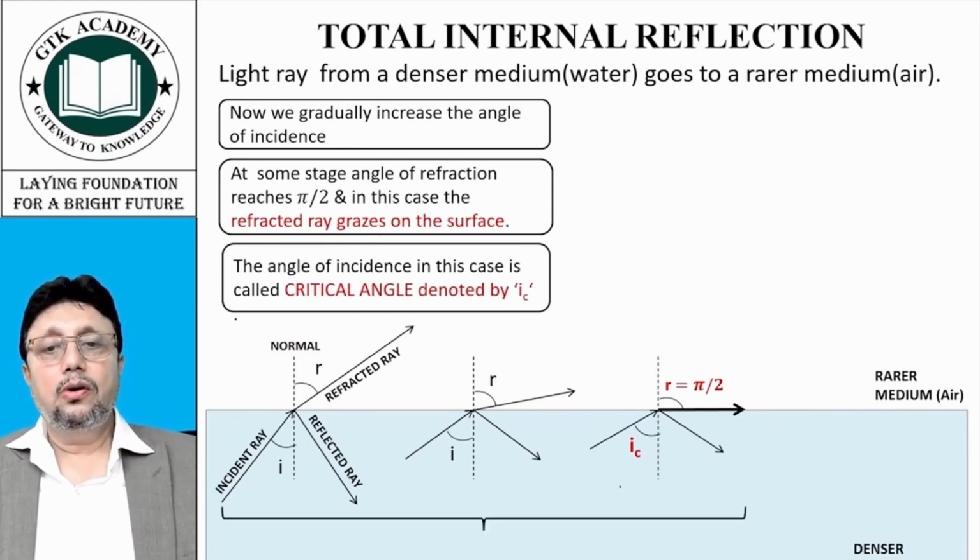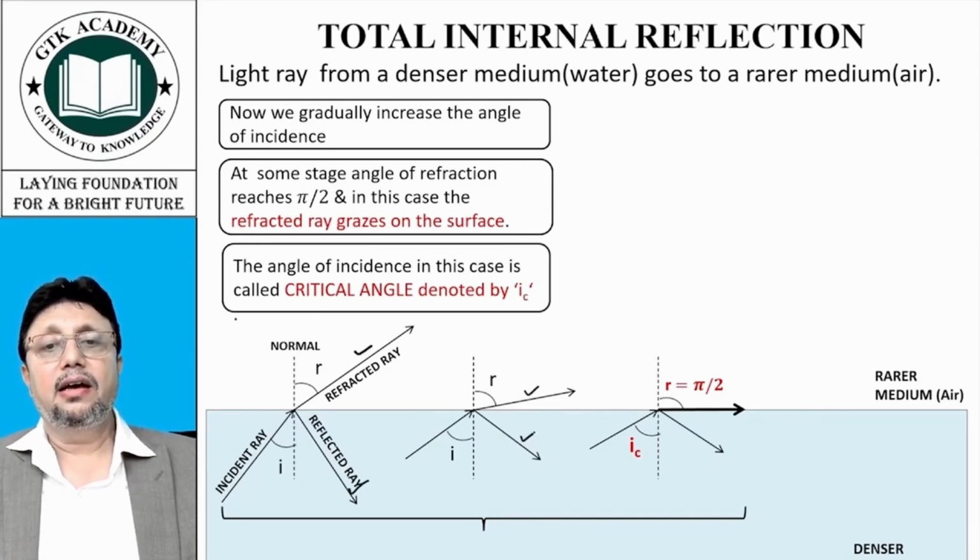So you can see in all these three cases, we have drawn three. There can be n number of cases. We can slowly, when we'll be increasing I, there will be many cases. We have only depicted three here just to explain you. In all these three cases, you have refracted ray and reflected ray.